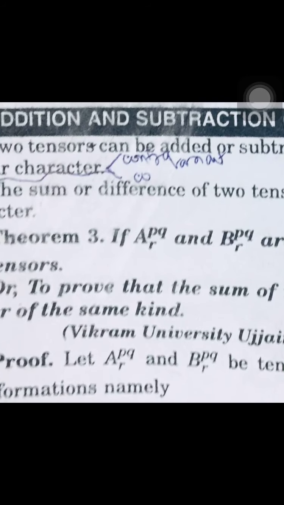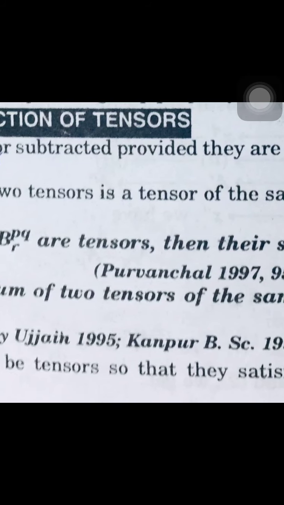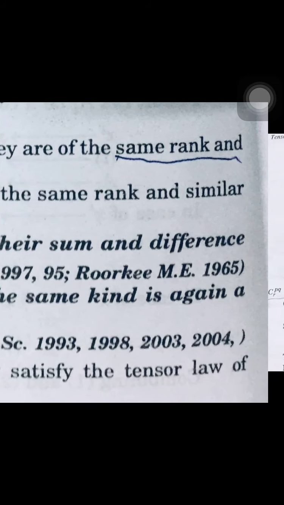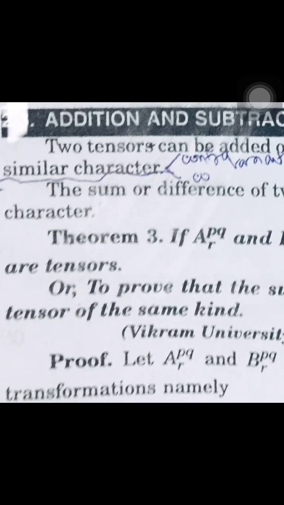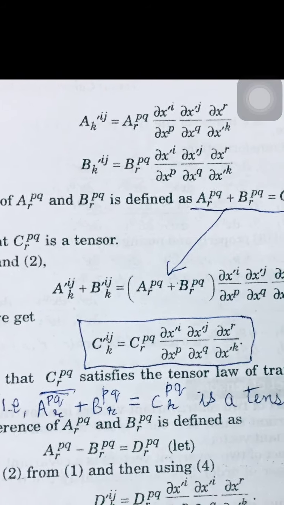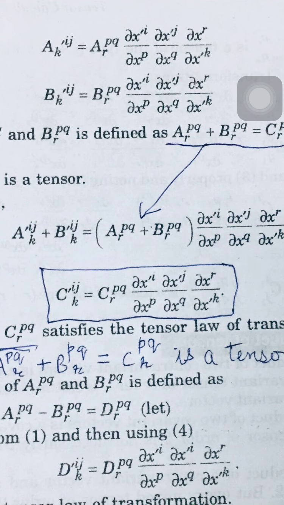What we are doing for that, let us assume A^{PQ}_R and B^{PQ}_R are tensors, so that they satisfy the tensor law of transformation. It is mixed, so we are taking the mixed tensor formula, like this. These are tensors of mixed order.